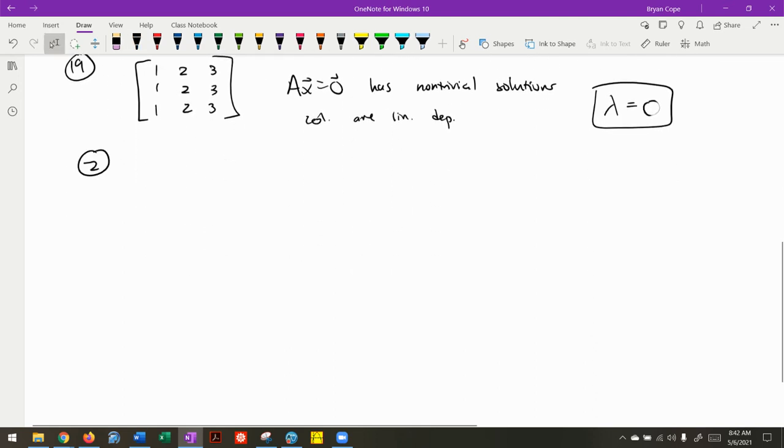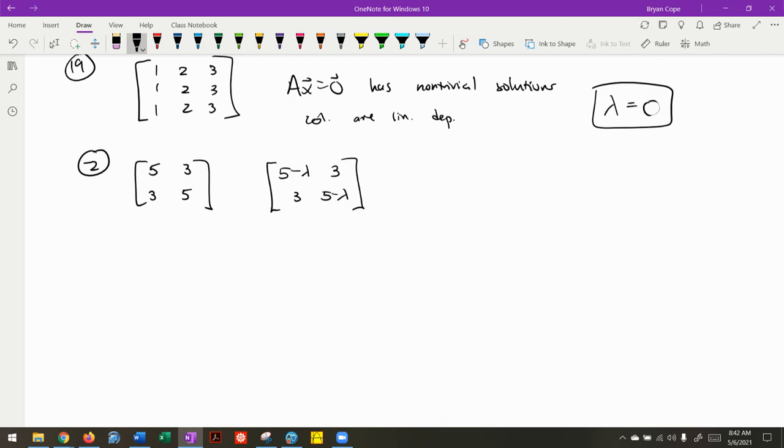Okay, number 2 gives us the matrix 5, 3, 3, 5, and asks us to find the characteristic polynomial and the eigenvalues. All right, so I'm going to take A minus lambda I. Find the determinant of that. Since it's 2 by 2, it's nice and easy.